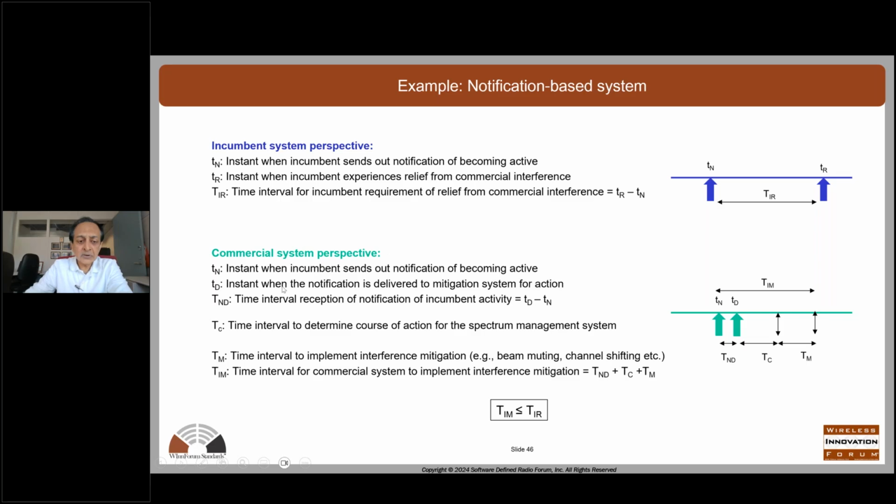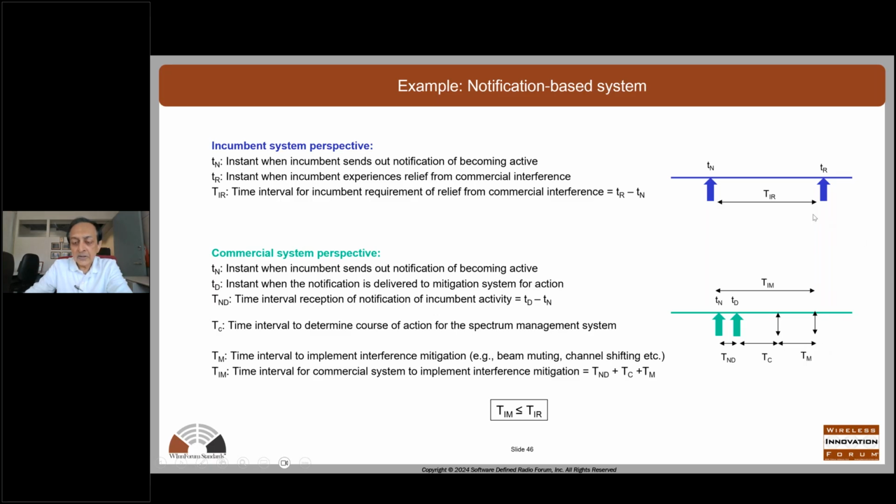From the commercial system perspective, there is the instant when the incumbent sends out the notification, but then it is received and delivered at a certain point in time, T sub G, and then it takes action over time T sub C, and then it implements, very similar to what it had before.